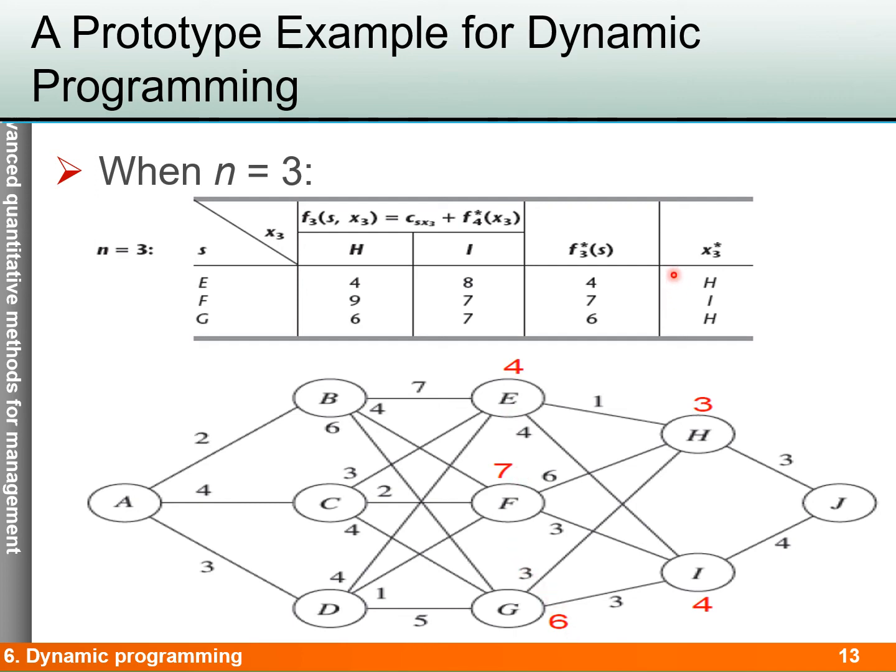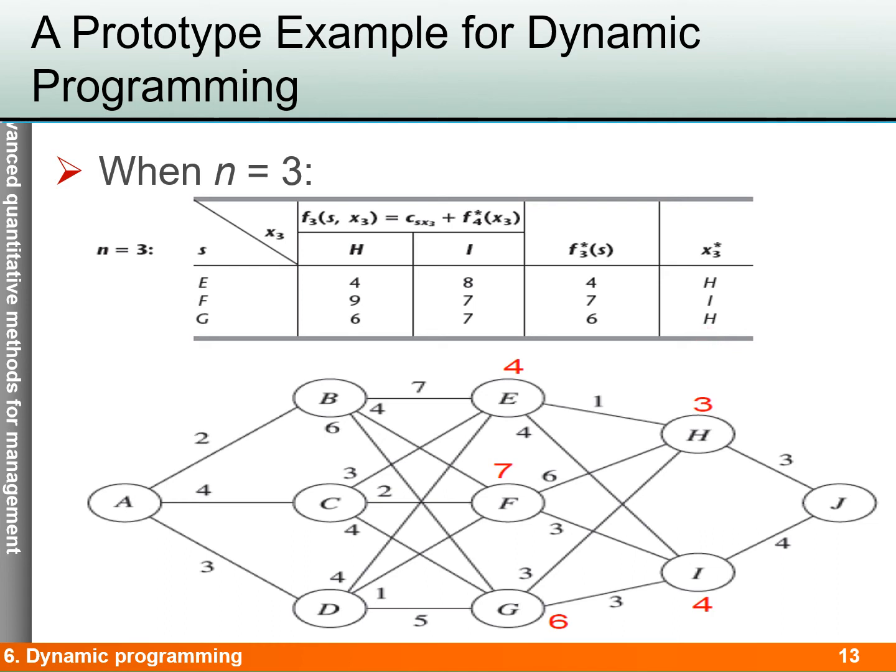So we should always also write this column, Xn*, which is the optimal solution, to know from which cell it comes. Why is this important?